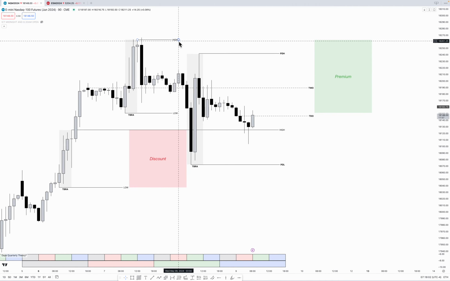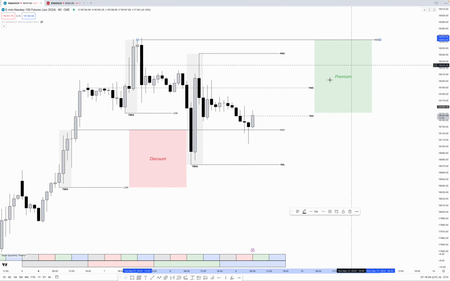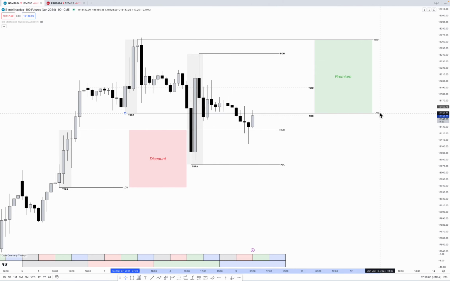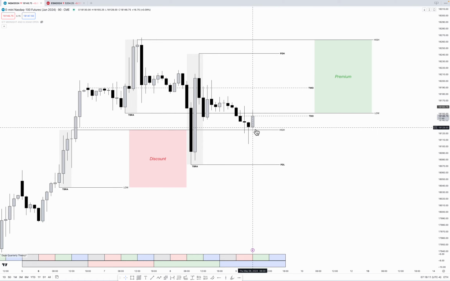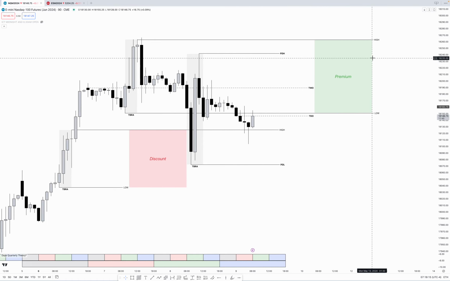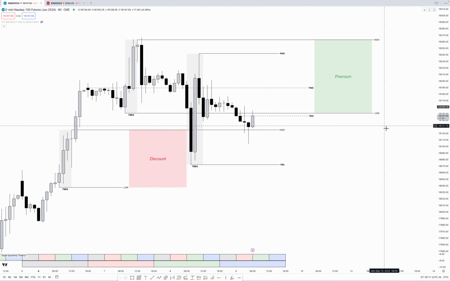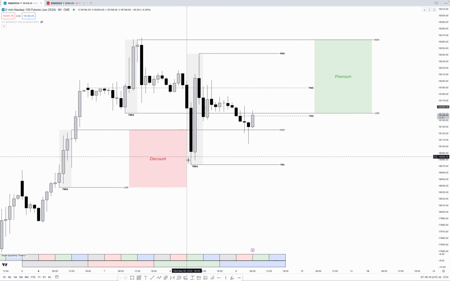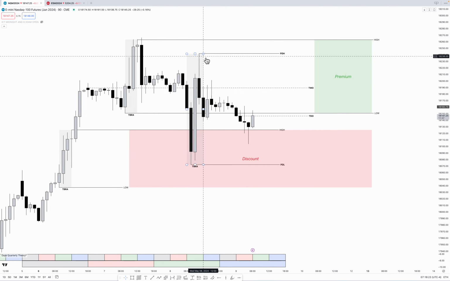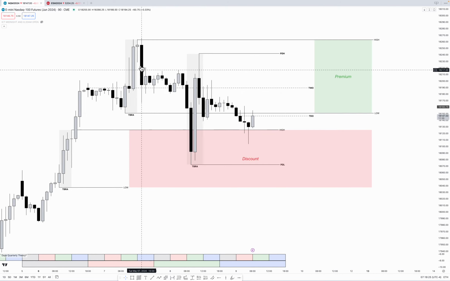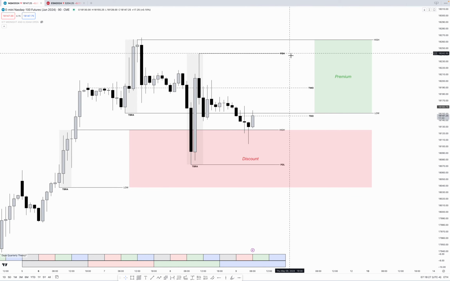If I take this high right here and this low, this range, the fact that price opened below it and now it's drawing above it, this is a premium for me. But now this range right here is a discount. So this whole entire dealing range without these two ranges, it's a dead zone.